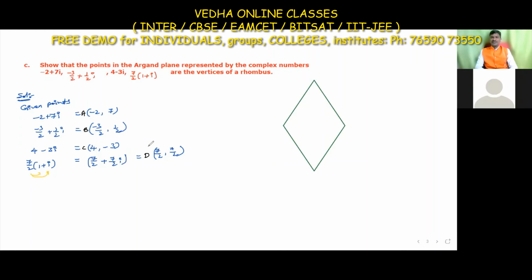Write them as A, B, C, D, the 4 points. Now we use the distance formula again. Distance AB is equal to under root of x2 minus x1 whole square plus y2 minus y1 whole square. Either x2 minus x1 or x1 minus x2, y2 minus y1 or y1 minus y2, both are the same and we get the same answer.